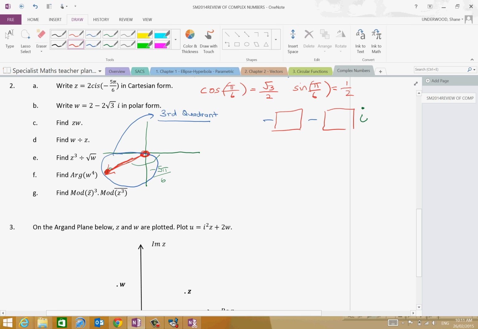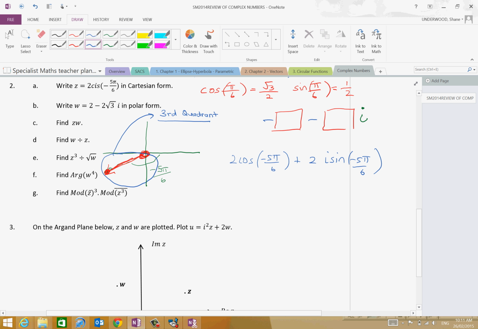It's a point which is in relationship to a pole, and it gives it an angle, and that's essentially the same thing. So what we're saying then is 2 cis of minus 5 pi on 6 is the same as 2 cos of minus 5 pi on 6 plus 2i sine of minus 5 pi on 6.